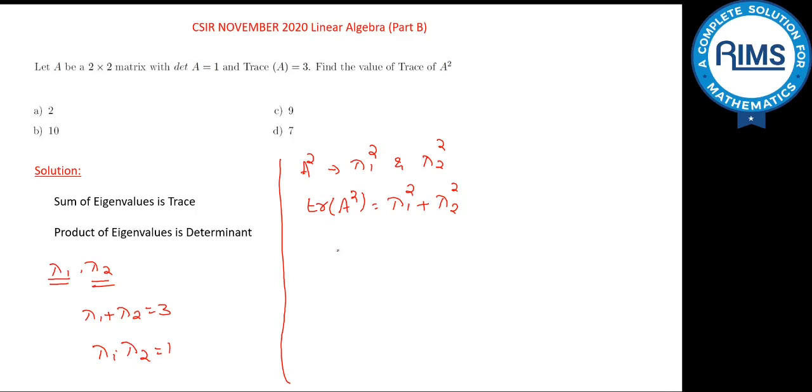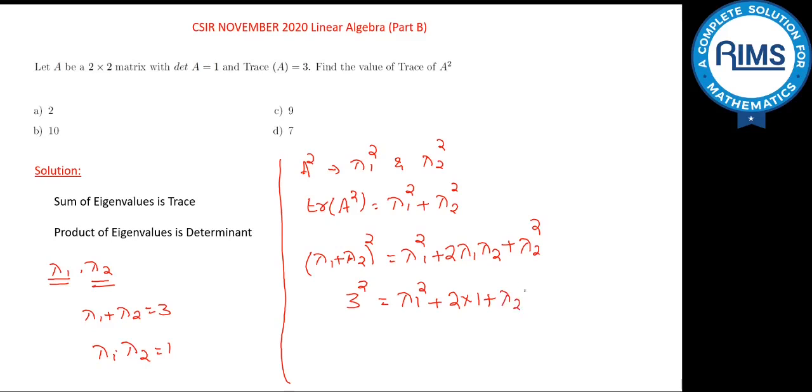Okay. Now consider lambda 1 plus lambda 2 whole square. What is lambda 1 plus lambda 2 the whole square? Which is equal to lambda 1 square plus 2 times lambda 1 lambda 2 plus lambda 2 square. And what is lambda 1 plus lambda 2? Lambda 1 plus lambda 2 is 3, that is 3 square equal to lambda 1 square plus 2 times lambda 1 into lambda 2, which is 1, 2 into 1, plus lambda 2 square.